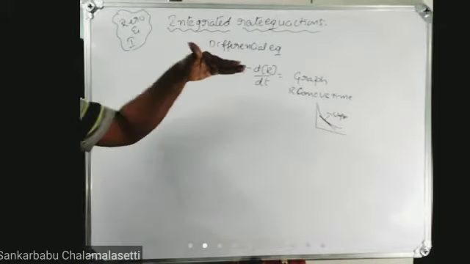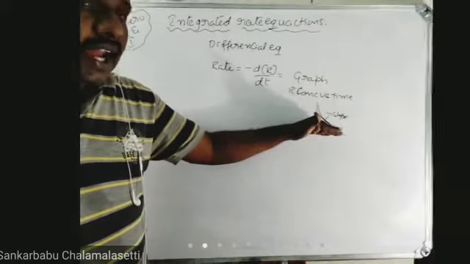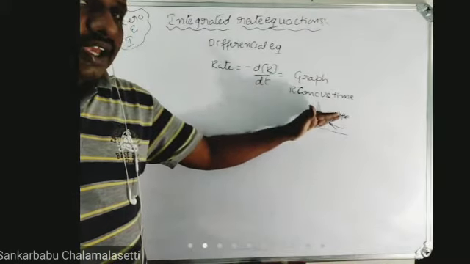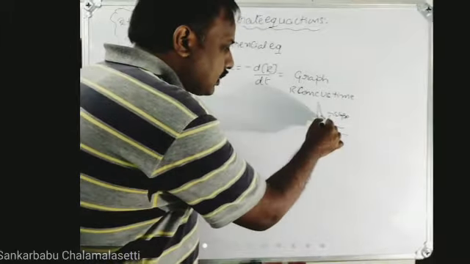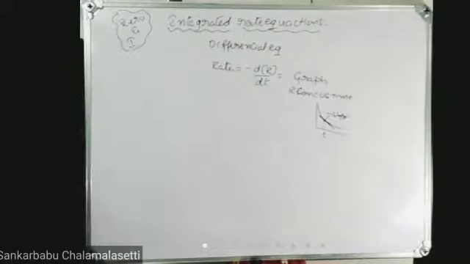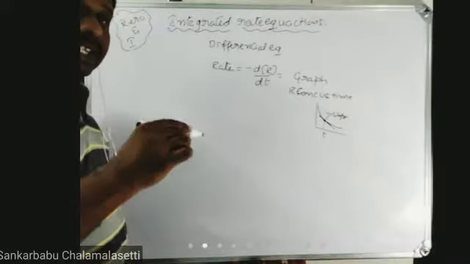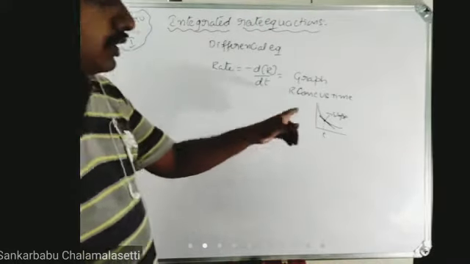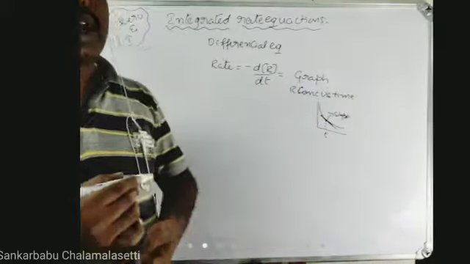So, in the differential form of the equation, rate is calculated graphically, that is by drawing the tangent at a time t. At that time t, we can calculate the instantaneous rate by drawing the tangent. Slope of the tangent becomes equal to the rate.